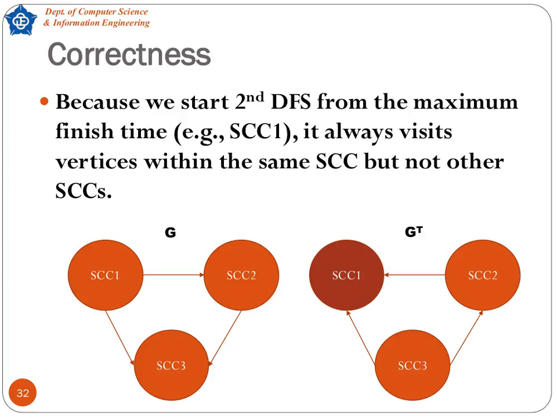In G^T, SCC1 has no outgoing edges, only incoming ones, so a DFS begun there can't escape into SCC2 or SCC3. It therefore visits exactly the vertices of SCC1 and no others. That guarantees each DFS on the transpose isolates one strongly connected component at a time.